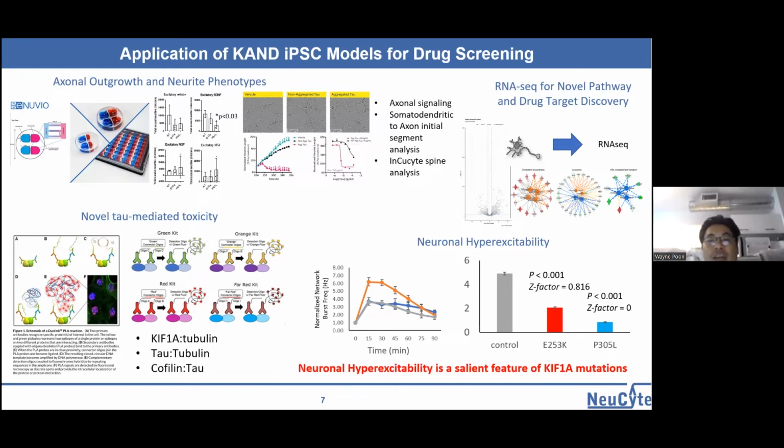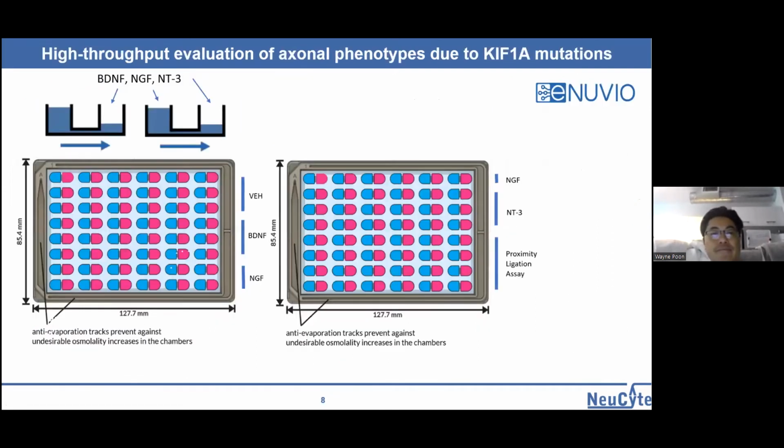One phenotype that we uncovered, and I'll go into this in more detail, is that KIF1A mutations exhibit a hyperexcitability phenotype, and that this phenotype can be taken forward for drug screening efforts.